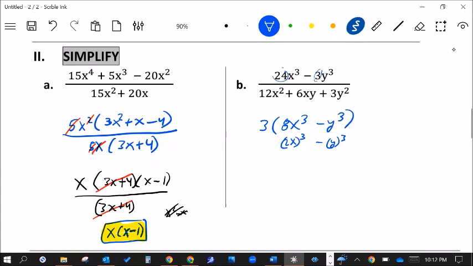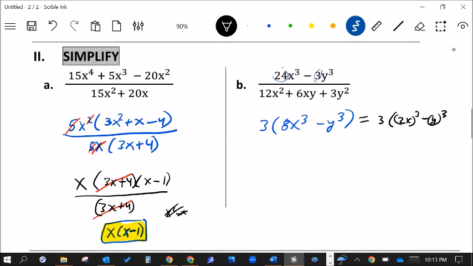So that's what I have there now. Let's take this apart, and I'll write that here this way as 2x to the third minus y to the third.